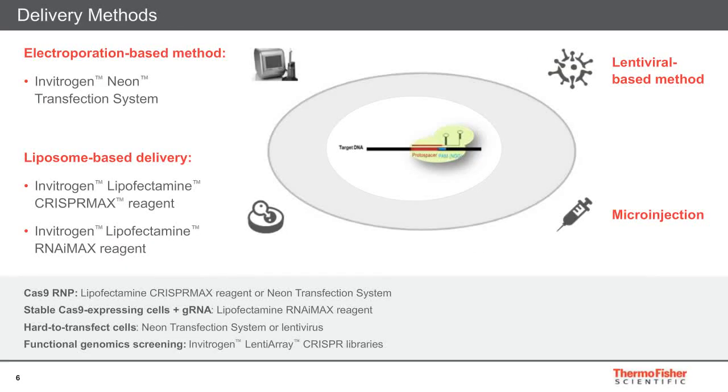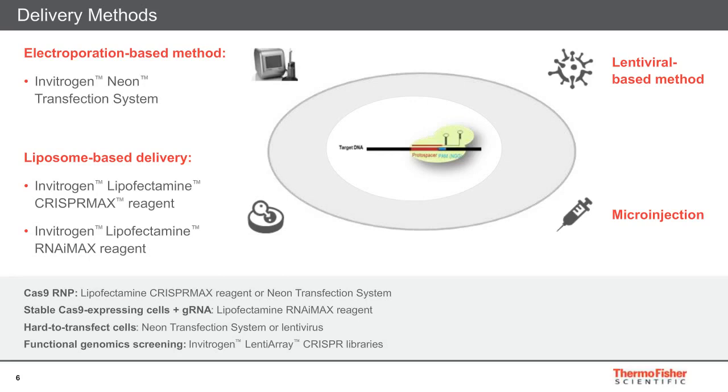Currently, the best format for CRISPRs is the Cas9 RNP format, which is a guide RNA, either in vitro transcribed or synthetic version, coupled to the TrueCut Cas9 v2 protein as a ribonucleoprotein complex, that can be delivered into cells to achieve maximum editing.